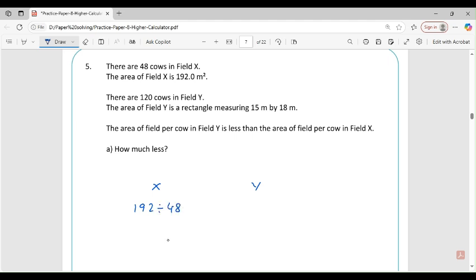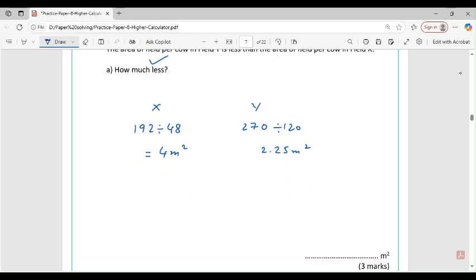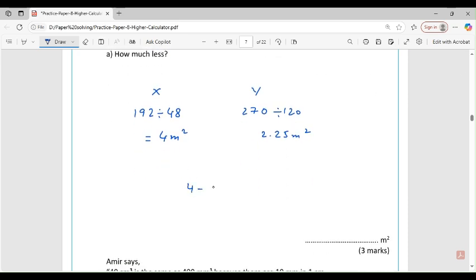And over here it's going to be 4 square meters, while for the second one it's going to be 270, which has to be divided by 120. So it should give you 2.25 square meters. And when they need to find out how much less, for that purpose you will be subtracting 4 minus 2.25, so it should give you 1.75 square meters as the answer.